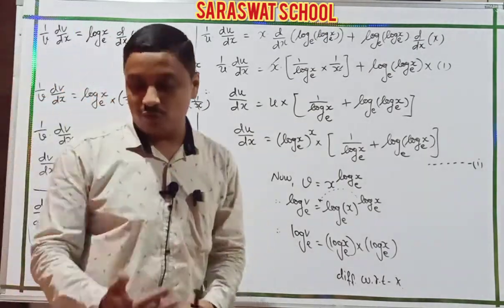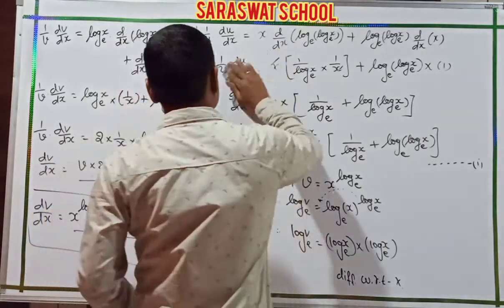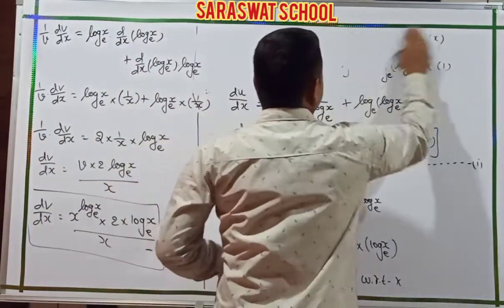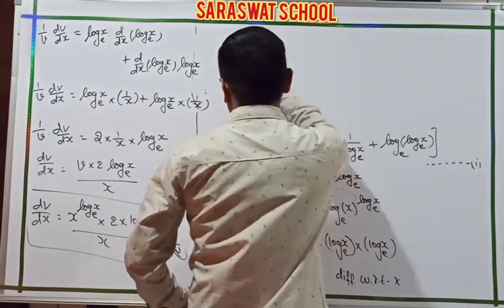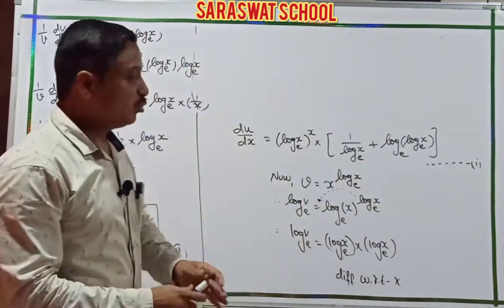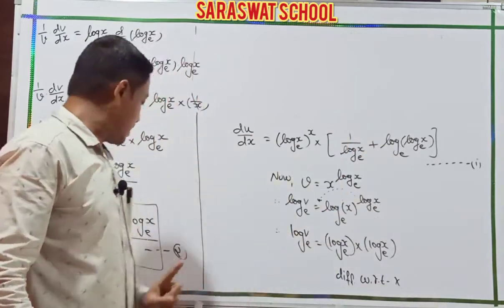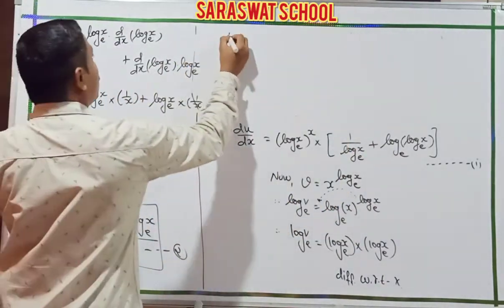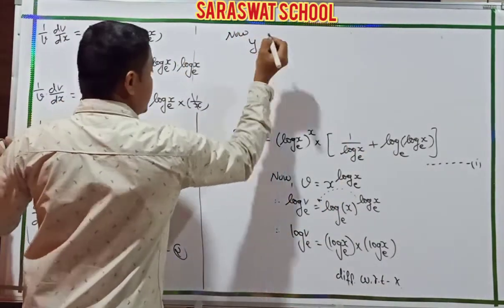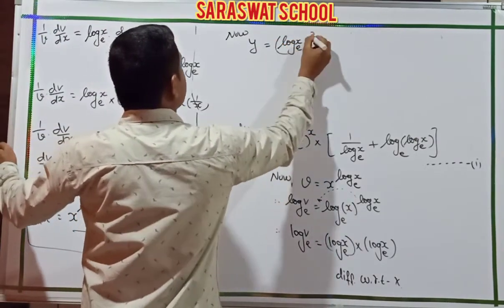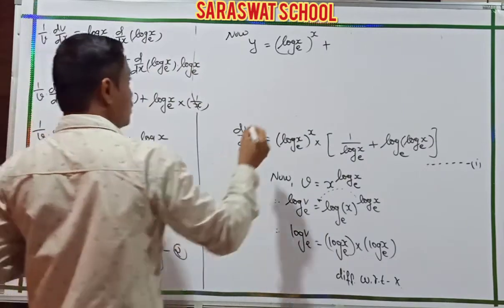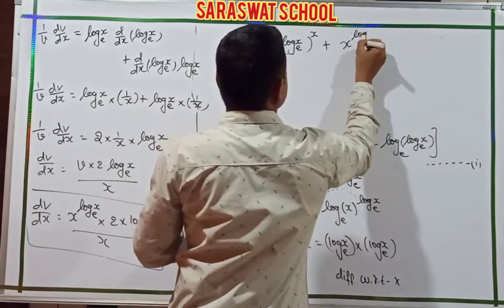Now I finally move to the last answer. What is the question again? Now you start with the final value, putting in equation 1 and equation 2. So what do you get? The question is (log x) to the power x plus v, which is also x raised to log x.